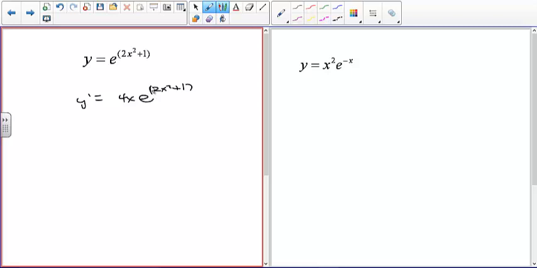Now the next one is just to show that if you have a product, you have to use the product rule. Remember, the product rule says you take the first term multiplied by the derivative of the second term, and then add the second term times the derivative of the first term.